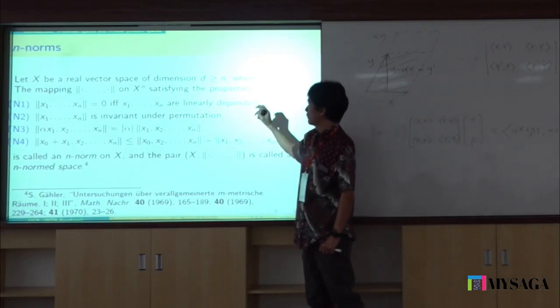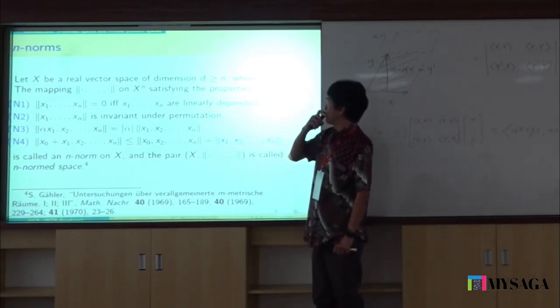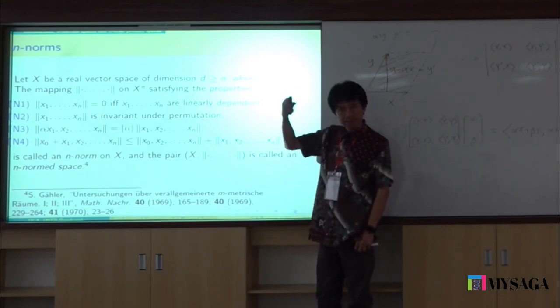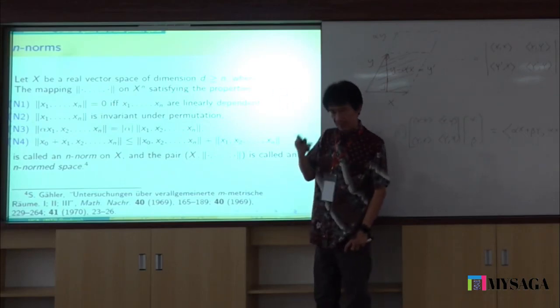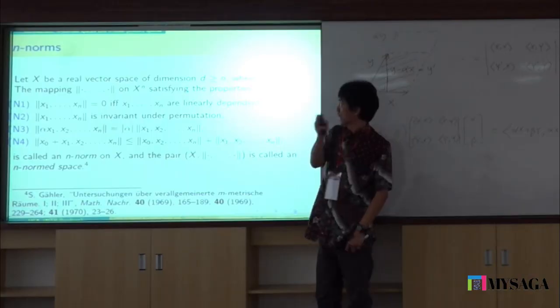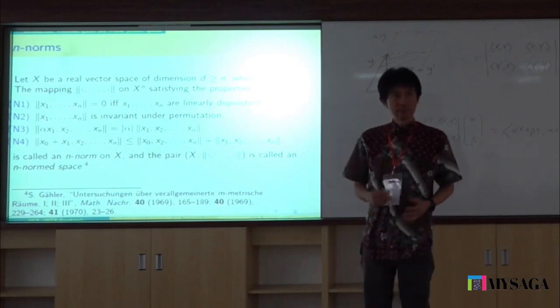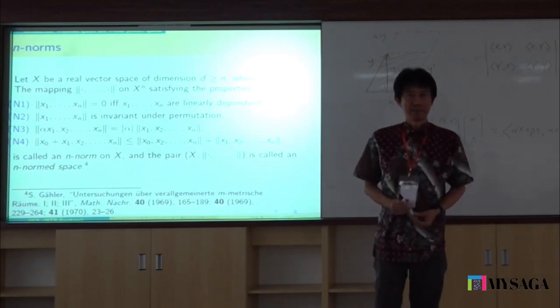So this mapping on X to the power of n, X times X n times, satisfies four properties. The first one says that the expression is equal to 0 if the vectors are linearly dependent.